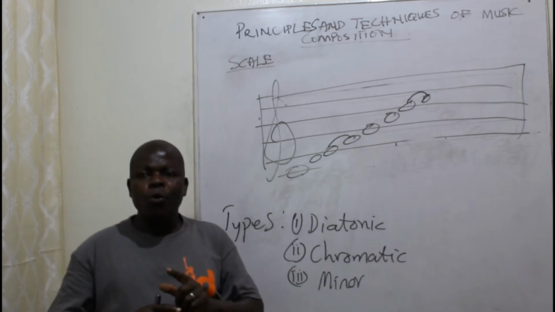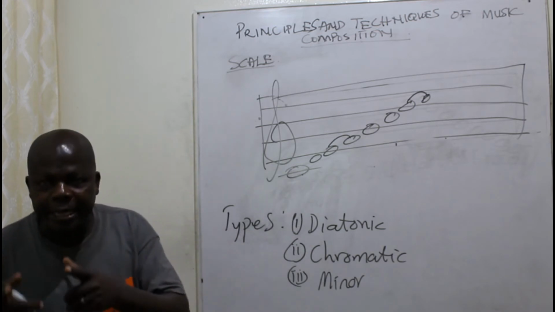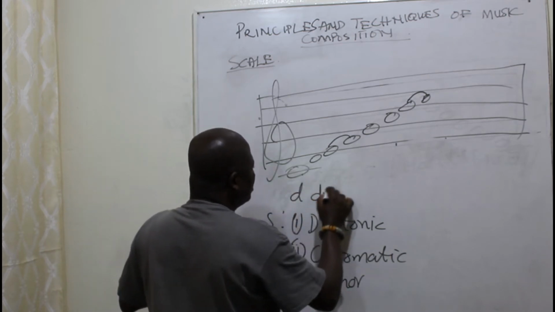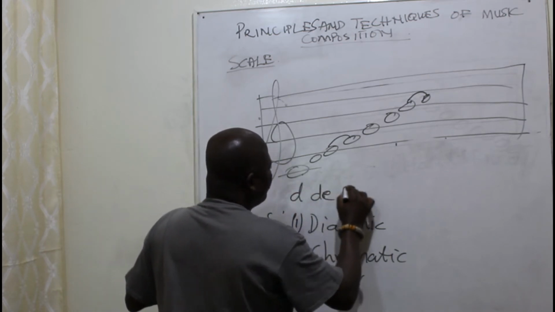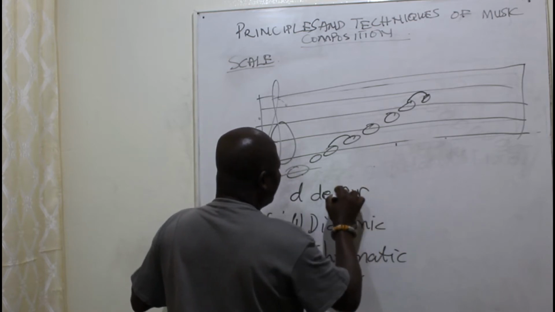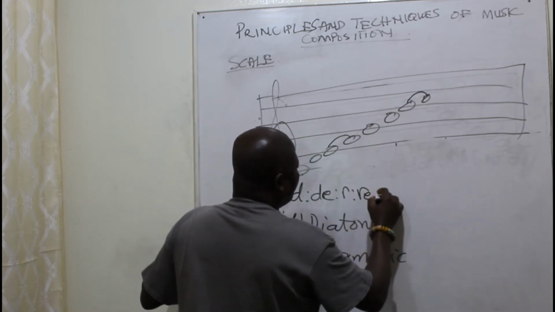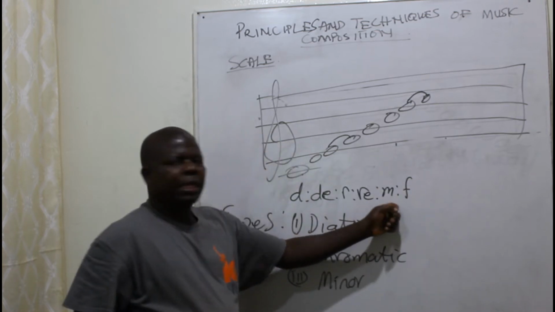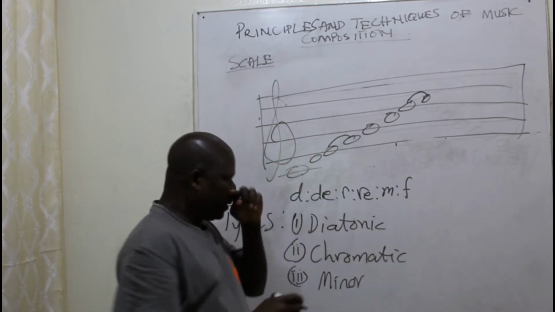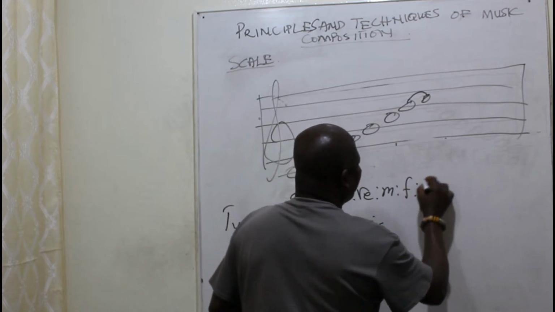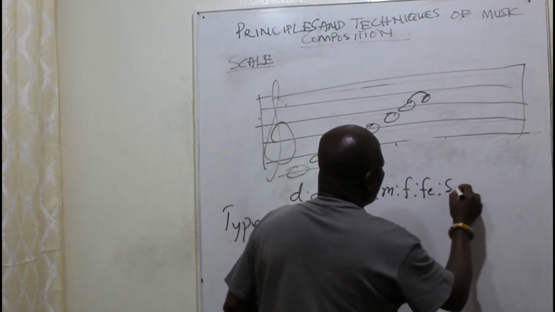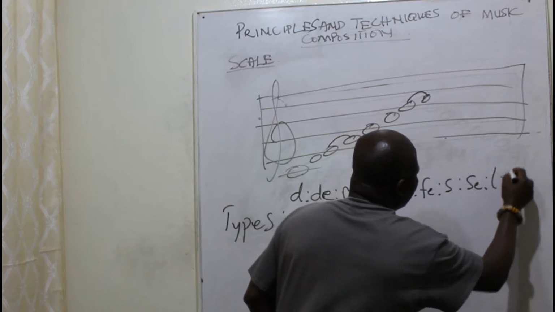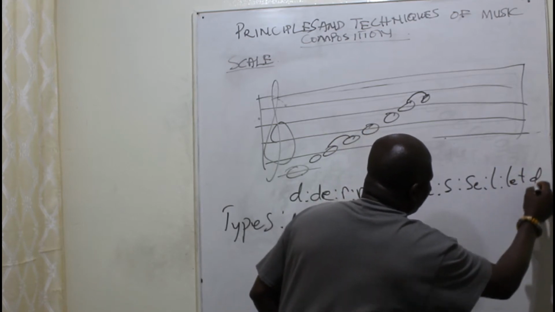So we have do, di, re, ri, mi, fa, and because the third is a semitone, you don't have anything there. Then you have fi, sol, si, la, li, ti, and do.